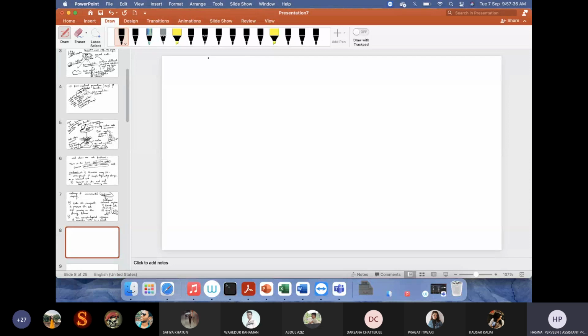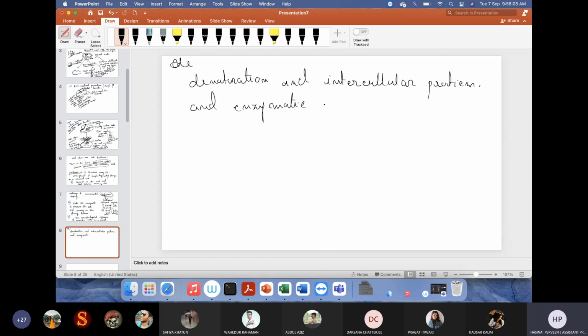Cells as a result, this is the denaturation of intercellular proteins and enzymatic absorption of the cells and oxygen deprivation.